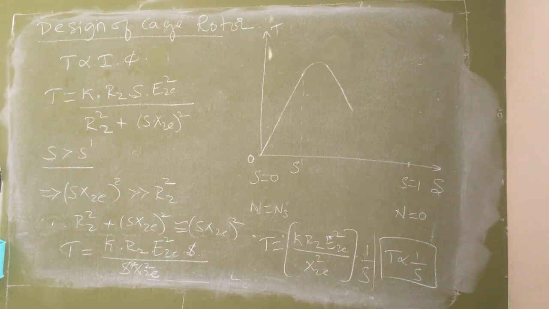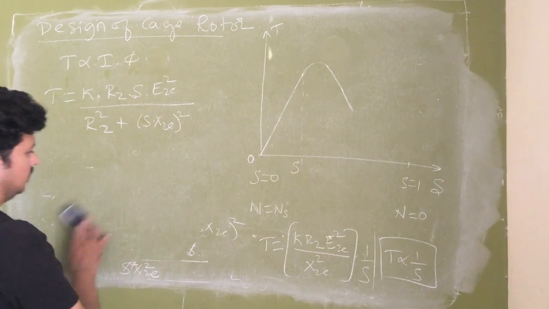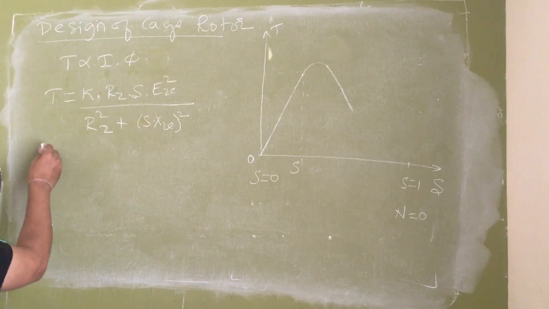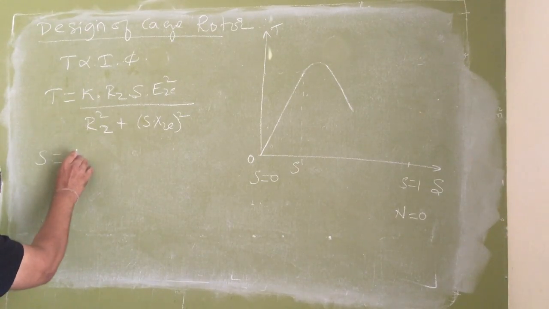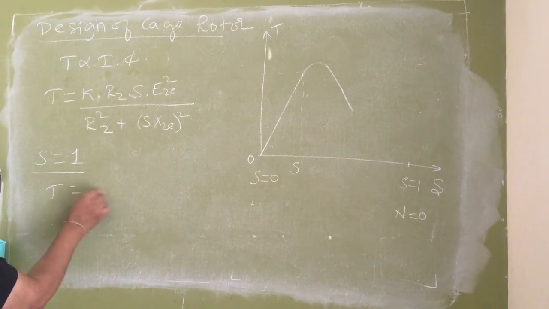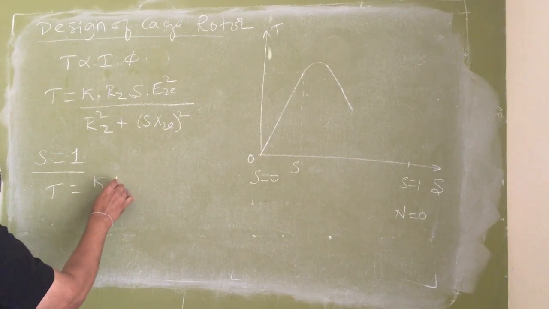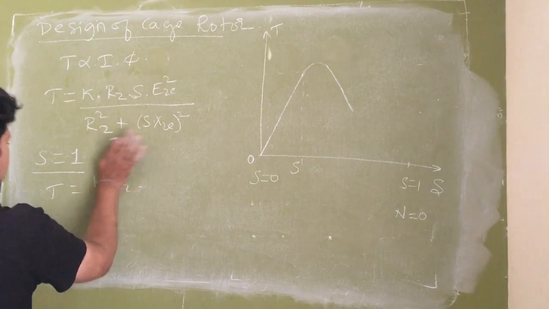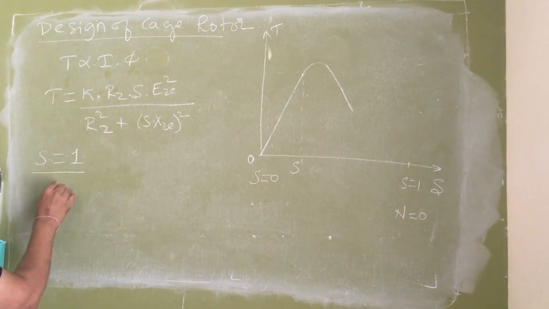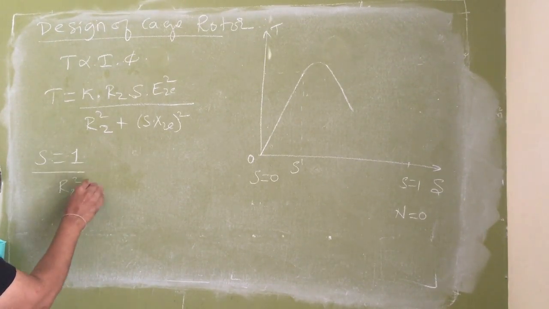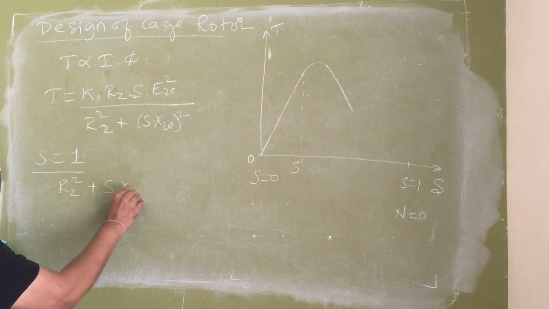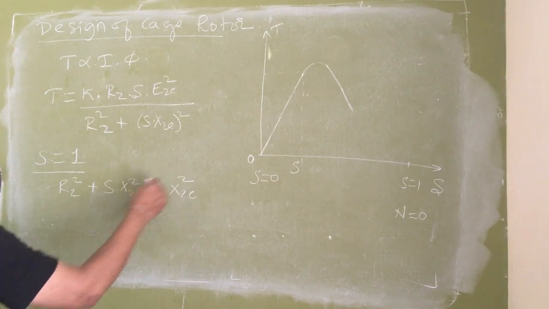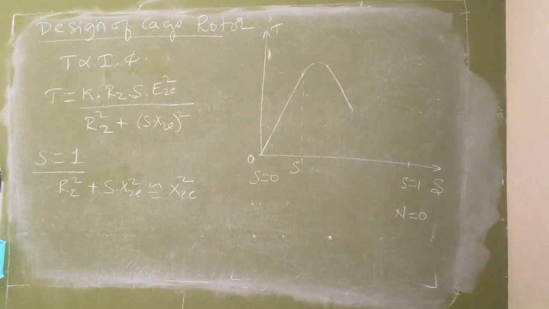When S is equal to 1, R2 square plus S into X2E square will be nearly equal to X2E square, because my R2 is much smaller than X2E square.